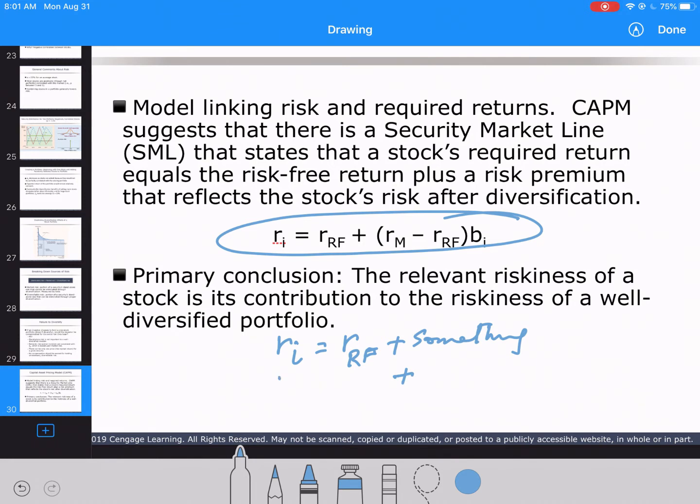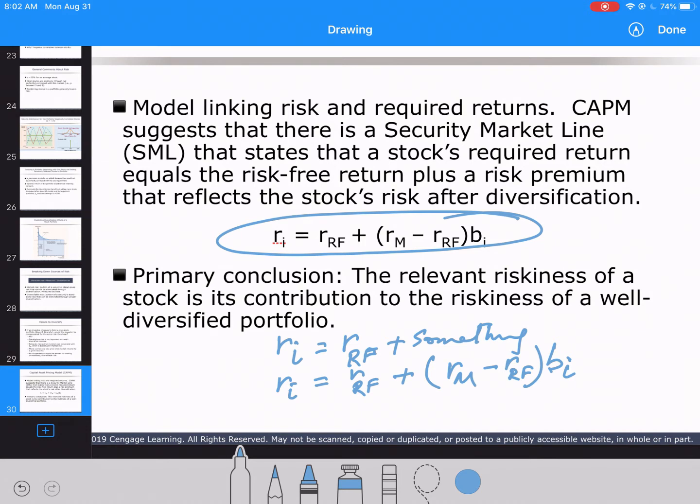Assume that I'm looking at an average security which has the same risk as the market. In that case, I will ask for RF, but I will say that it should give me a risk premium of this much times something called beta.